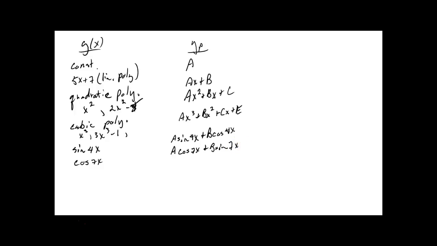All right, what if you have something that looks like this? 9x minus 2 times e to the 5x. If that is your g of x, what does your y sub p look like?